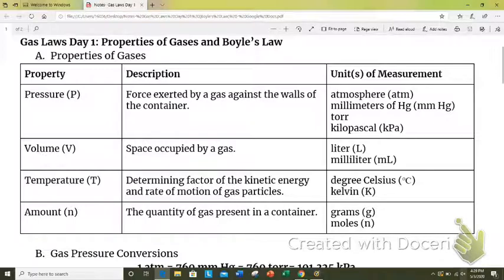Before we can get started, you have to note that there are 4 variables that determine how a gas may behave. The first one is pressure, and we recognize that as the uppercase letter P in a formula. If you own a vehicle, hopefully you are checking the pressure of your tires.